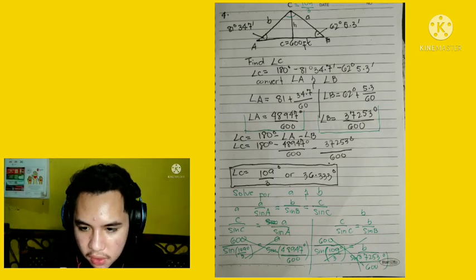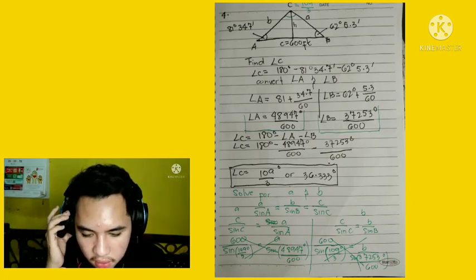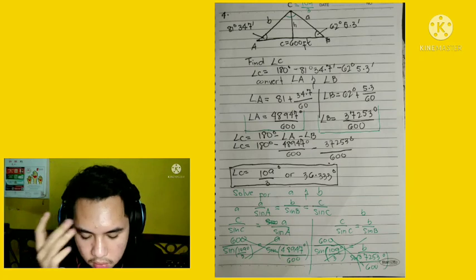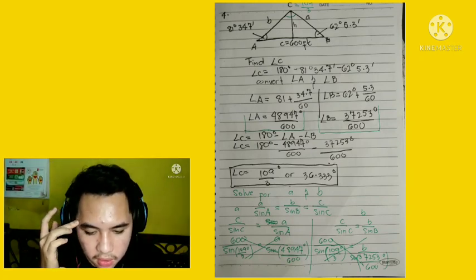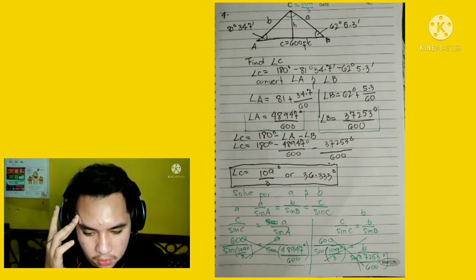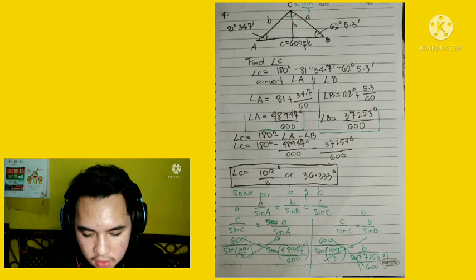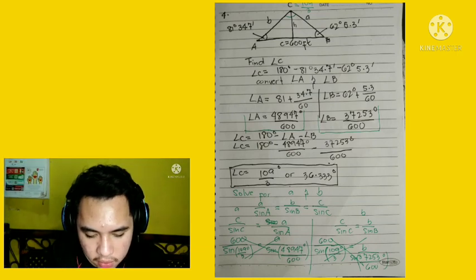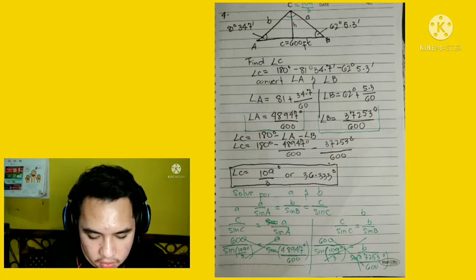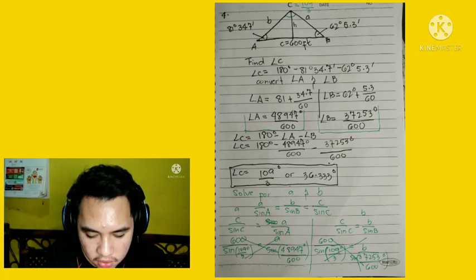Then we solve for our A and our B. We're going to use the formula here, A over sin A equals B over sin B equals C over sin C. So C over sin C is equal to A over sin A. Our C is 600 and sin C is 109 over 3 degrees, equal to A over sin A, which is 48947 over 600 degrees.